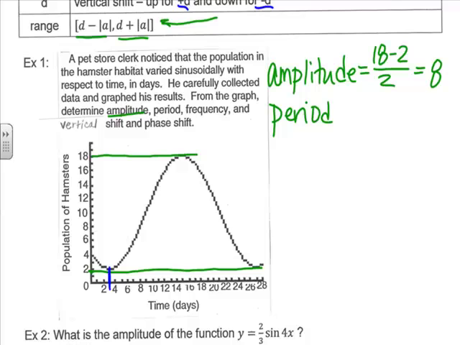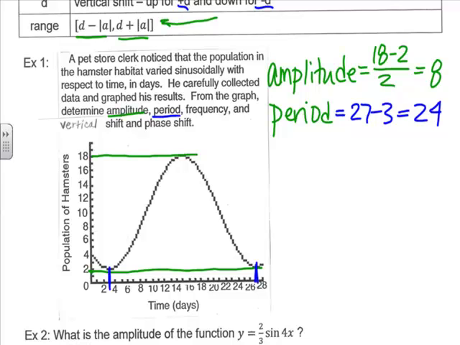Then I come back up and come back down and find another low point, which I would say is meant to be about right here. So that would be one complete cycle. As long as I'm starting and ending at a place that gives me one cycle, I should get the right number. So the period is from 3 to 27. If I subtract that, the period is 24.